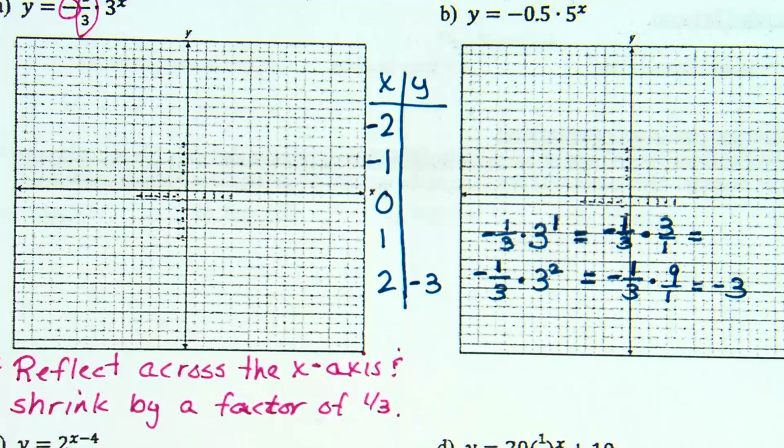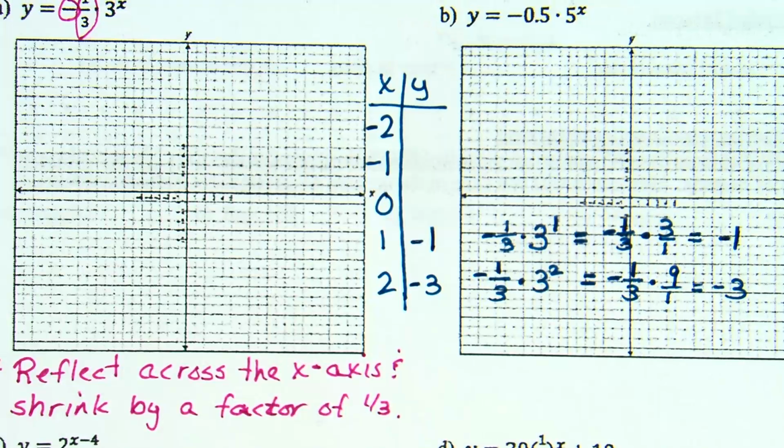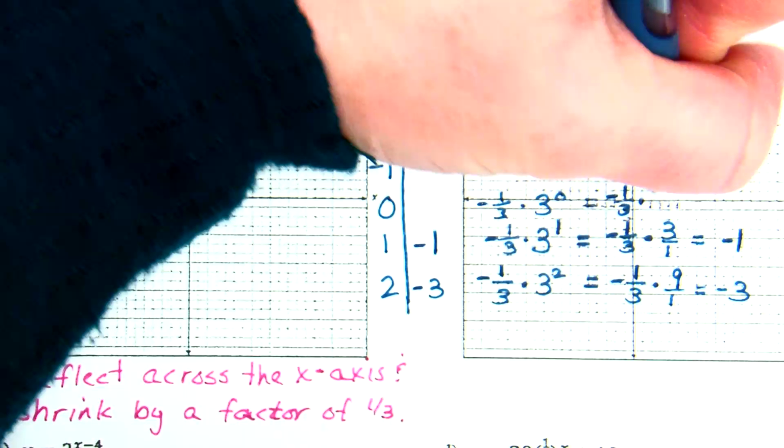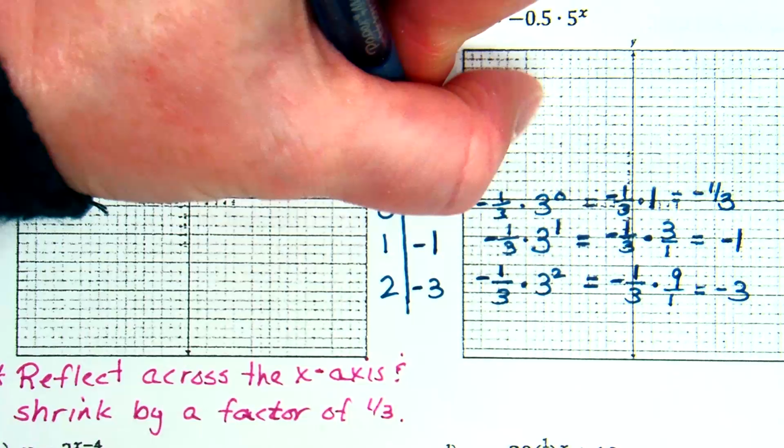Negative 1. Okay. Plug in 0. Negative 1/3 times 3 to the 0. What is anything raised to the 0? 1. So then you're doing negative 1/3 times 1, which is negative 1/3.